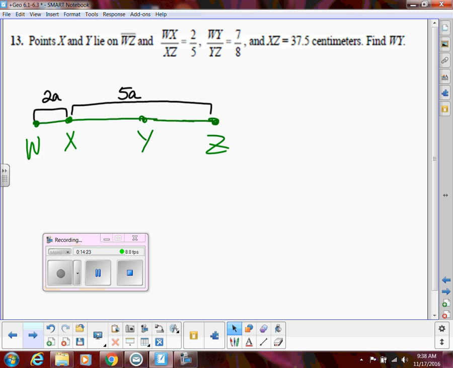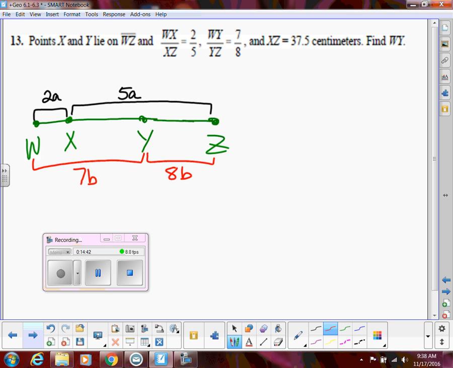And then here they say WY, and then the ratio to YZ is 7 to 8. Okay, so again, I'm going to write a variable. I'm not going to write A because it might be a different multiple than the other one, so let's do B. So this would be 7B compared to 8B.